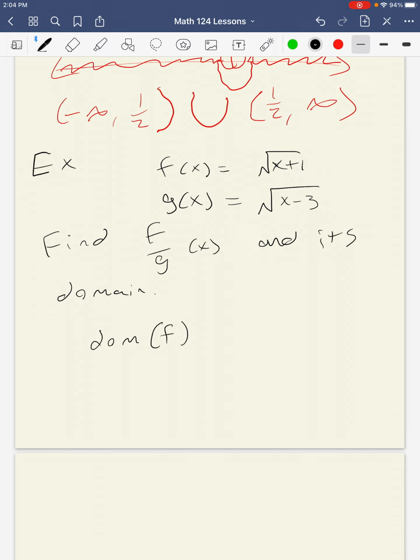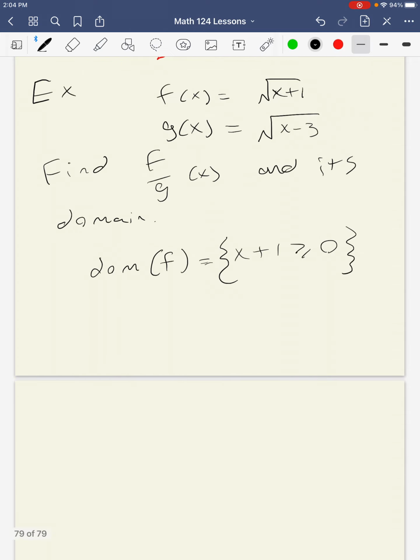Well, we have to take the variables under the square root and make it greater than or equal to 0. So it's x plus 1 greater than or equal to 0, which is to say that x is greater than or equal to -1.